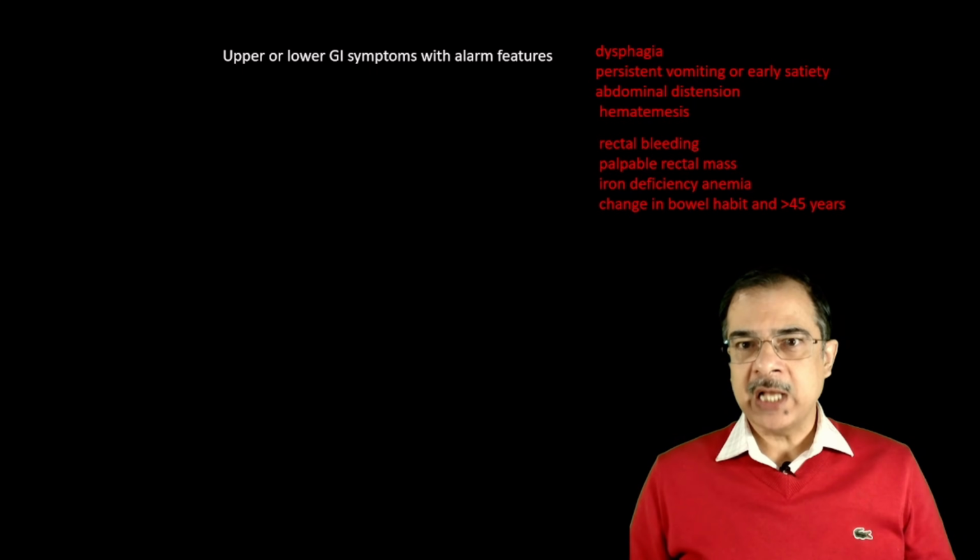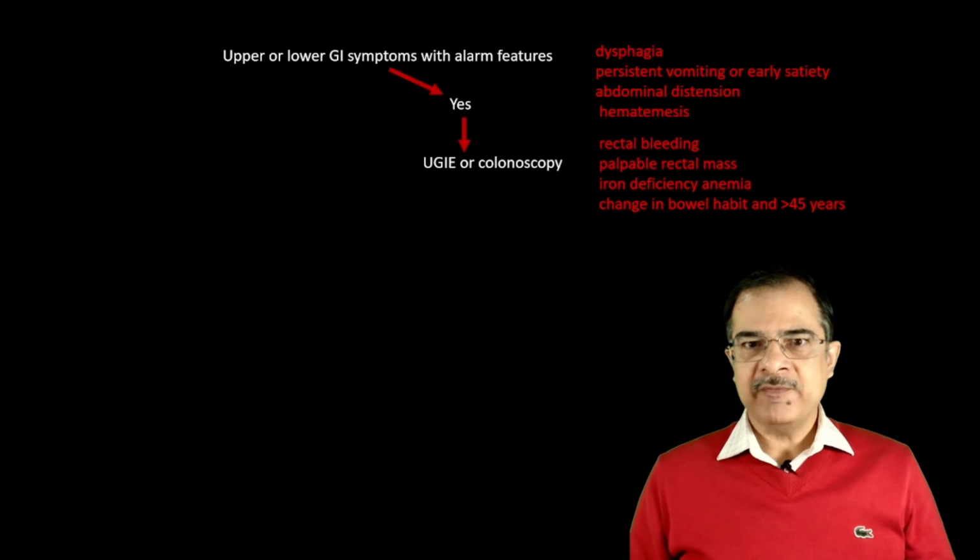Lower GI alarm features are rectal bleeding, palpable rectal mass, iron deficiency anemia, or change in the bowel habits, and age more than 45 years. If any of these features are present, then we have to go for an upper GI endoscopy if upper GI features are there, or colonoscopy if lower GI symptoms are present, to rule out malignancies.